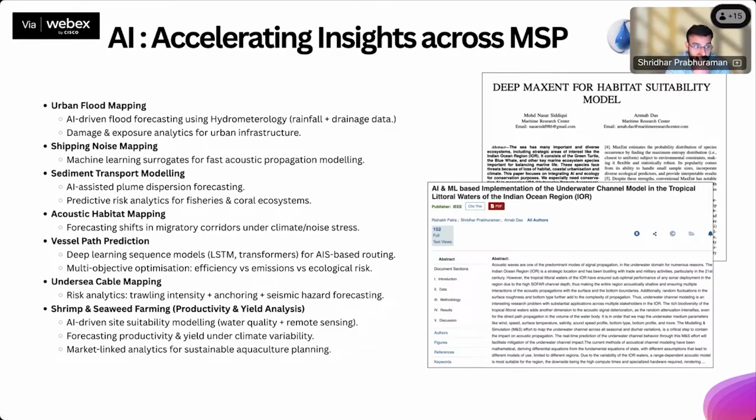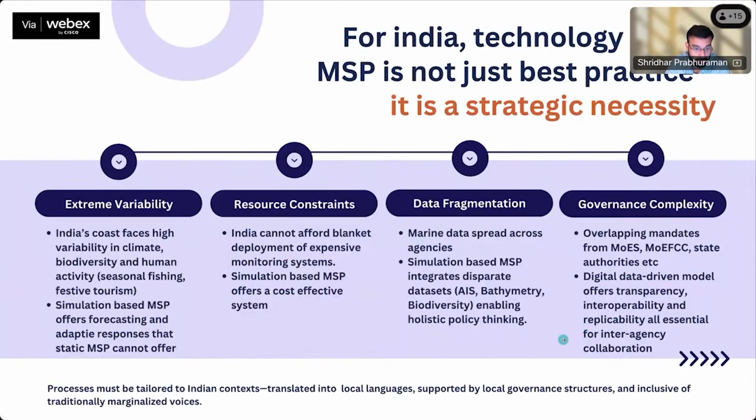Sediment transport modeling, again, AI-assisted plume dispersion is something we're looking at. Vessel path prediction is a very common problem that has been solved in the past, but integrating that with a broader component of marine spatial planning gives all the different elements in a single tool. And that's what we are aiming at with this particular tooling that we've created.